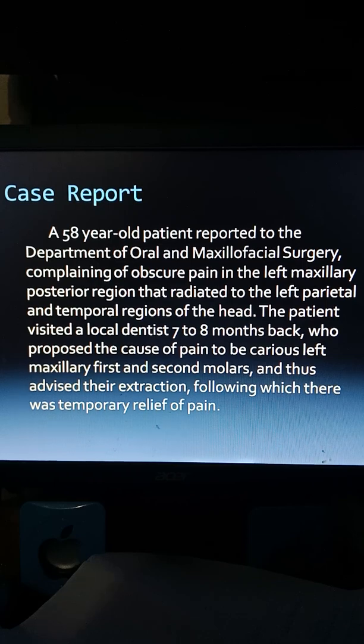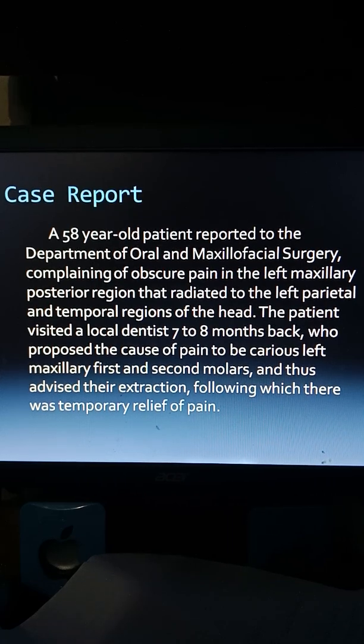A 58-year-old patient reported to the Department of Oral and Maxillofacial Surgery complaining of obscure pain in the left maxillary posterior region that radiated to the left parietal and temporal regions of the head.